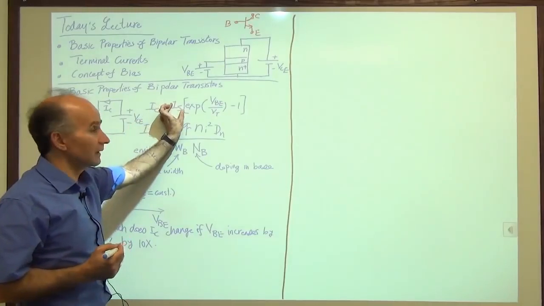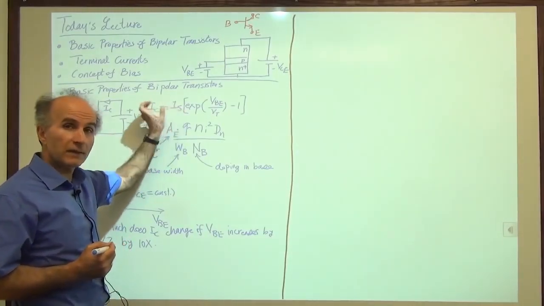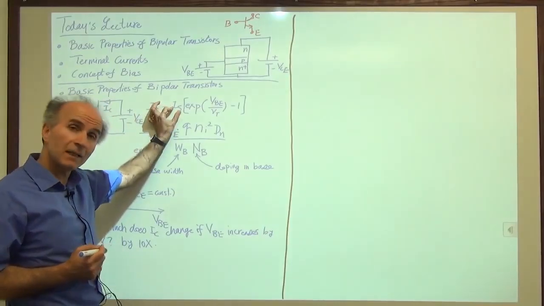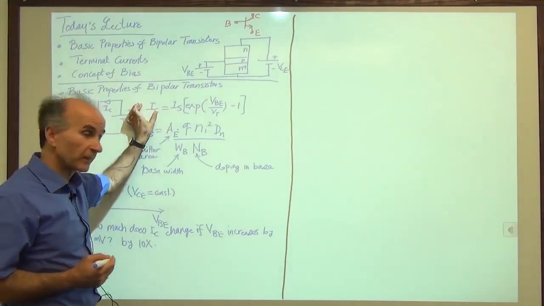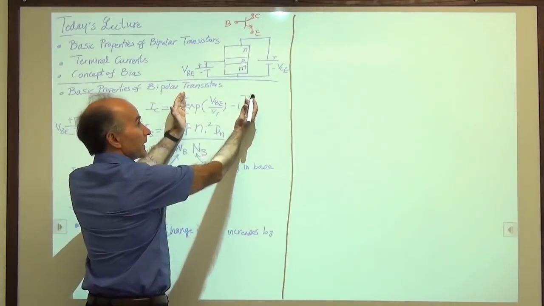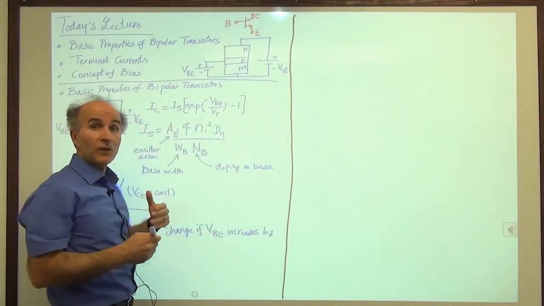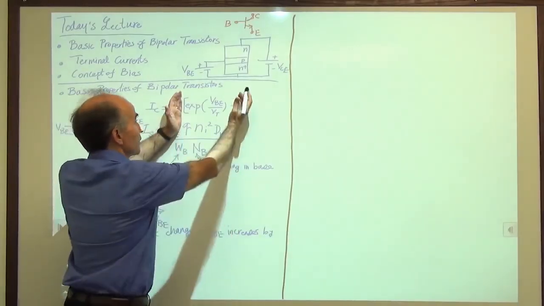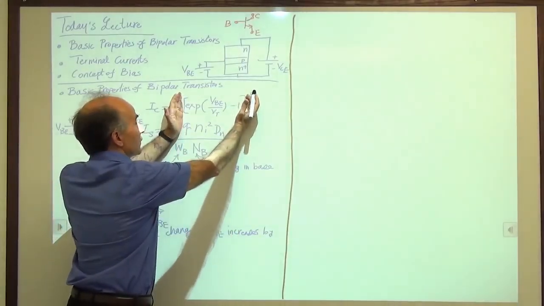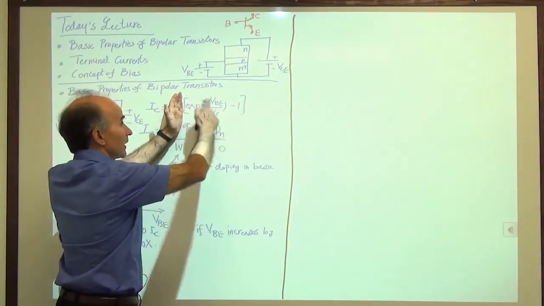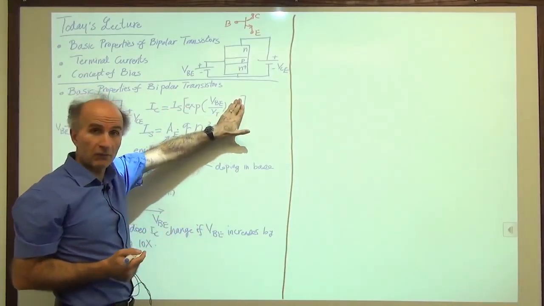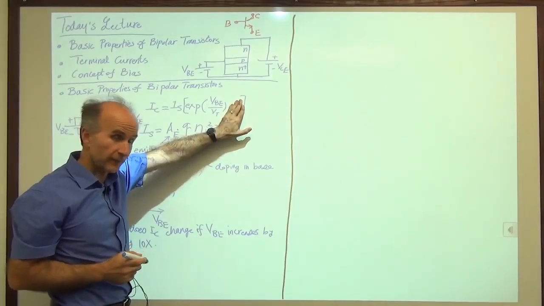That's 10 to the minus 16 to 10 to the minus 3, so the exponential has to be 10 to the power of plus 13. It's a very large number, which means this minus 1 is very safely negligible.